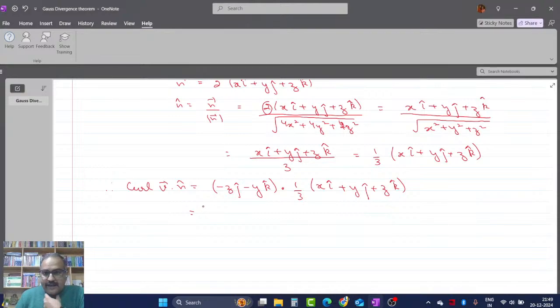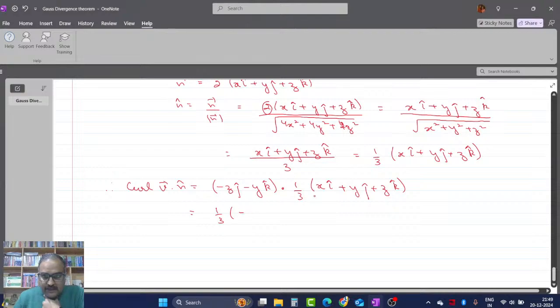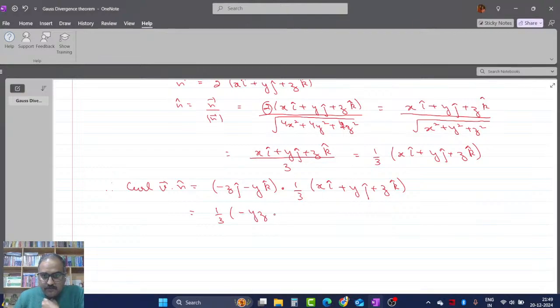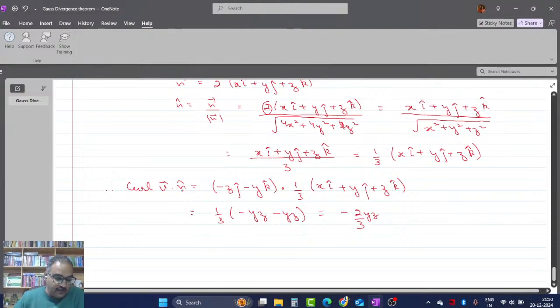I know the value of i dot i is 1, j dot j is 1, k dot k is 1. So it comes to be 1 by 3 as it is, minus of yz j dot j minus of yz k cap. Okay, so it comes to be minus 2yz by 3. तो ये आ गई curl v dot n cap की वैल्यू.